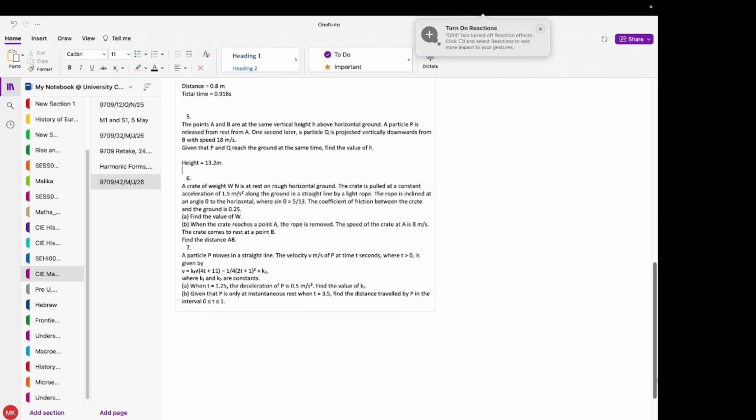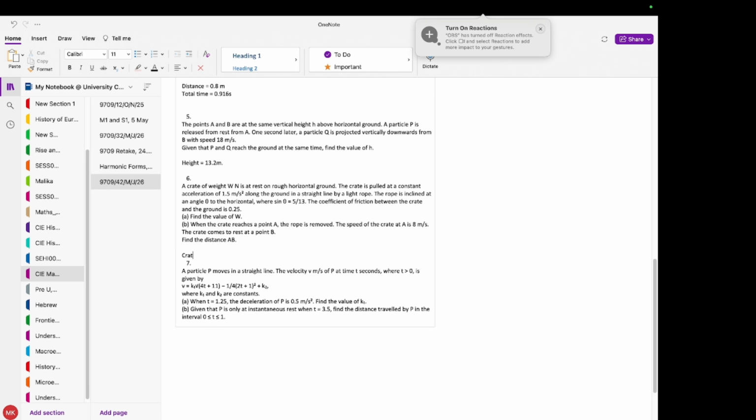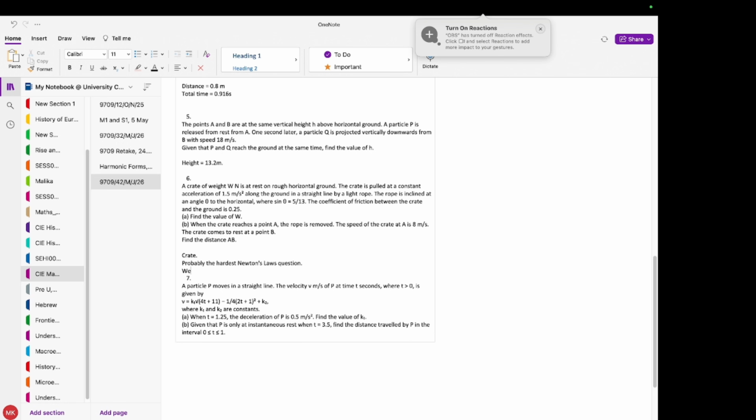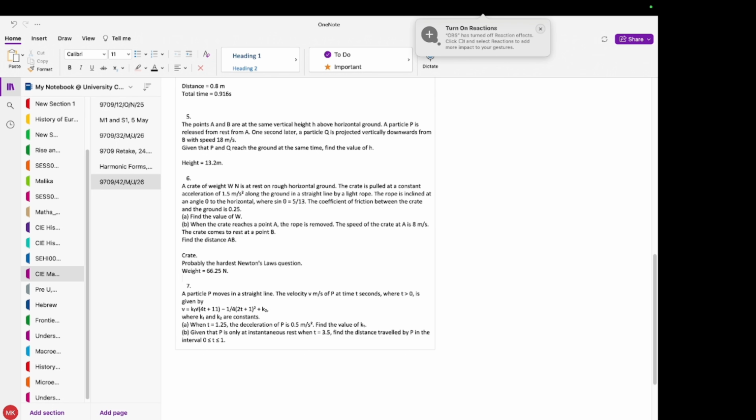Now, in terms of question 6, we have a crate, and this is probably the hardest Newton's laws question. You should get a weight of 66.25 newtons.